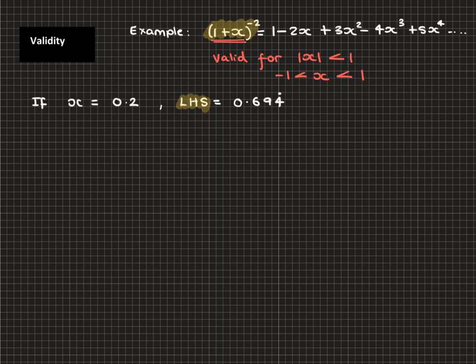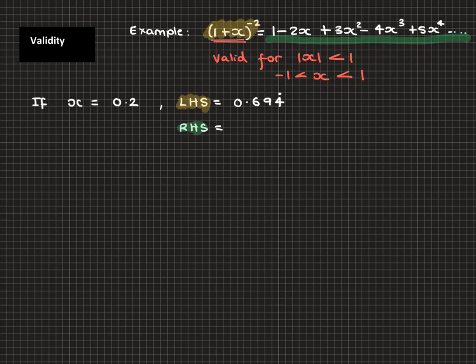Now, what happens if you input x = 0.2 into the right-hand side of the expansion? What do I mean by the right-hand side of the expansion? Well, I mean all of these terms here. Obviously, I can't input into every single term in the expansion because there are infinitely many terms. But I have 5 terms here, so I'm just going to input into these terms.